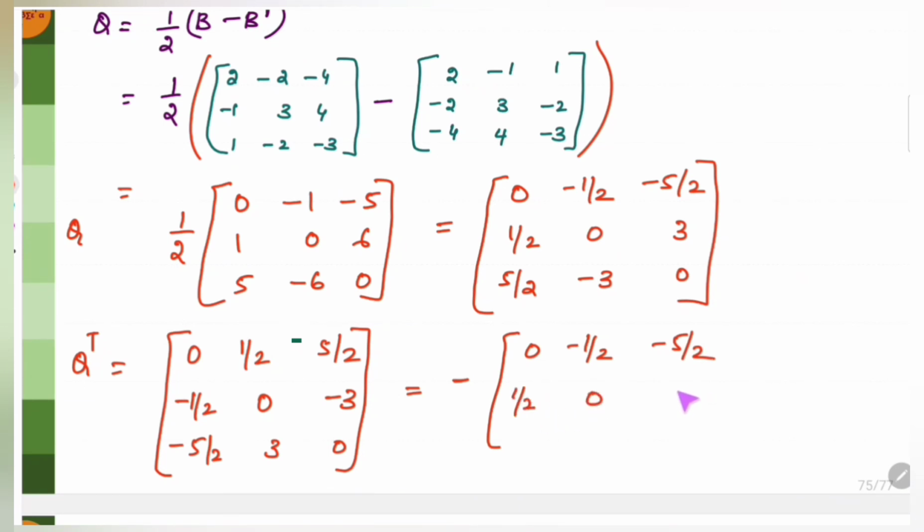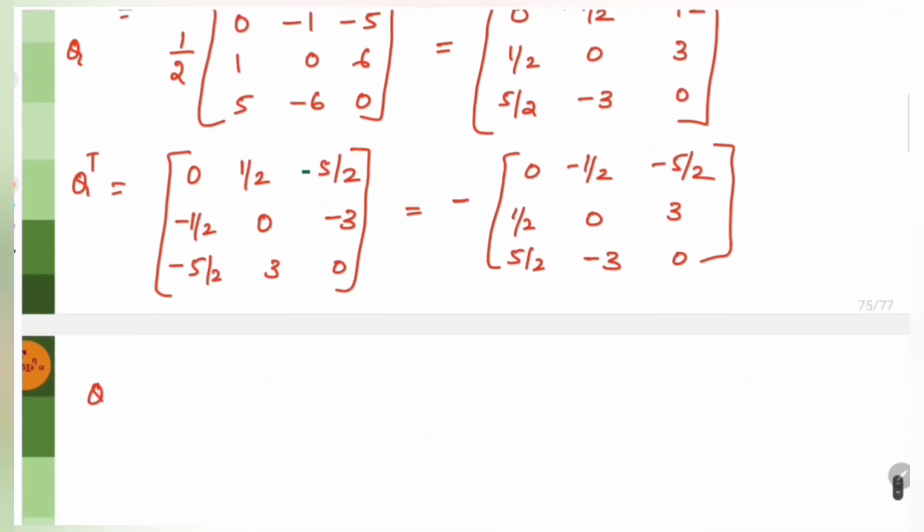So minus 3 is going to become plus 3, minus 5 by 2 is going to become 5 by 2, 3 is going to become minus 3 and 0. So now if you see, these two matrices are exactly same. This is nothing but Q, right? So Q transpose is equal to minus Q. So this satisfies the condition for skew symmetric. Thereby Q is skew symmetric, because it satisfies the condition that Q transpose is equal to minus of Q.